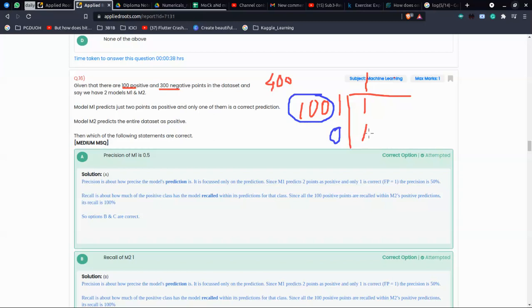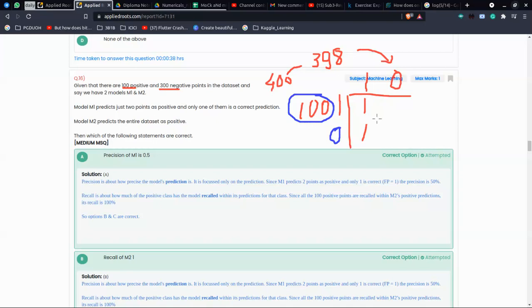So it is actual negative but it is saying positive, a false positive basically. Model M2 predicts the entire data set as positive. So what M1 is saying is just 2 points are positive, so the rest, all 398 points, it is saying negative. So 2 comes here, and for negative points, 398 it is saying negative.